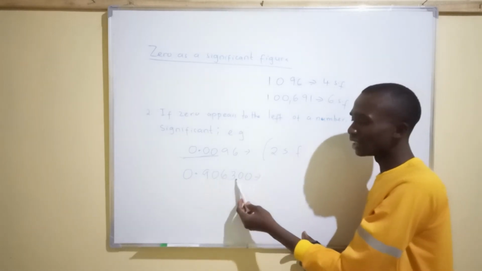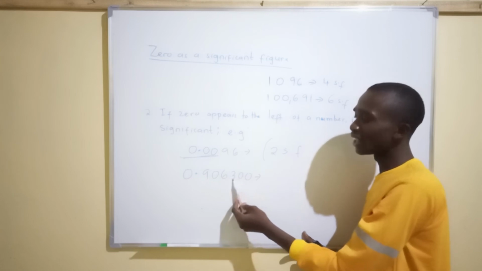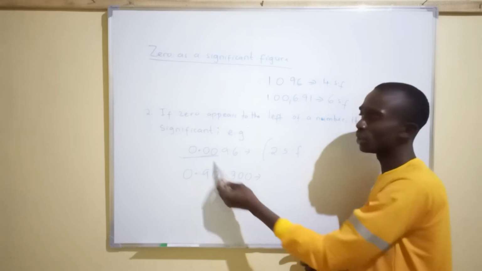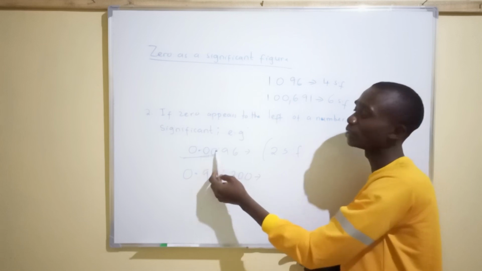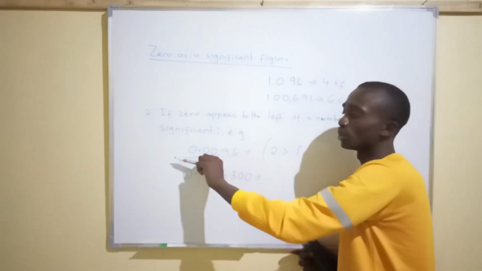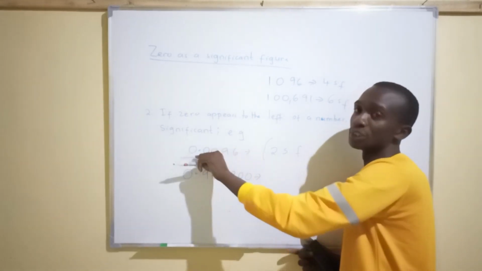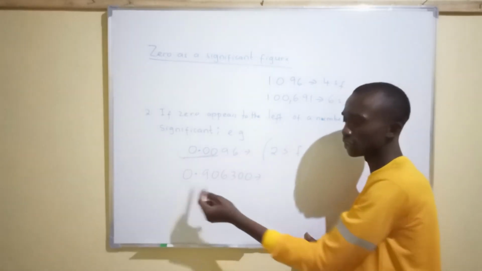Then the third 0 is after 3, a non-zero digit, and it is also after the decimal point. It is not like the first example. In the first example, the 2 zeros were after the decimal point, but the digit before these 2 zeros was a 0, so they are all to the left. And in the second example, there is only one 0 which is to the left.